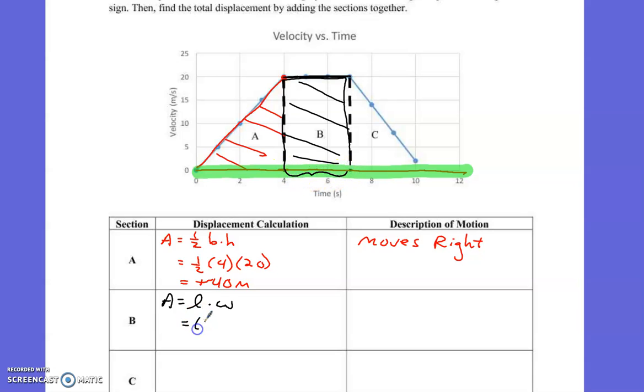That's a length of 3. And the width is from 0 up until 20. So that is 20. It is above the horizontal axis, above that line I just drew, and so therefore it's positive. And 3 times 20 gives me 60.